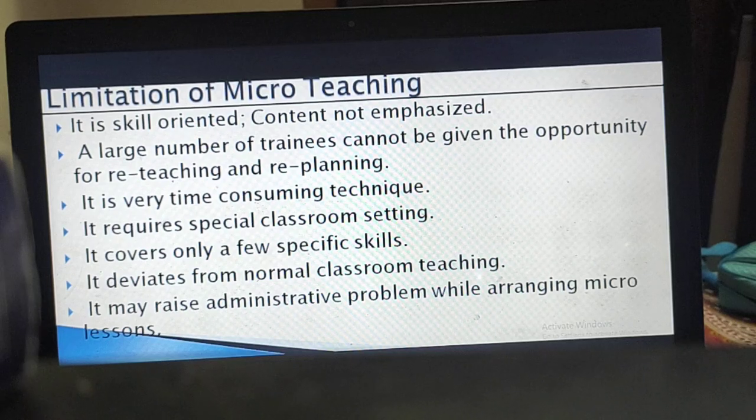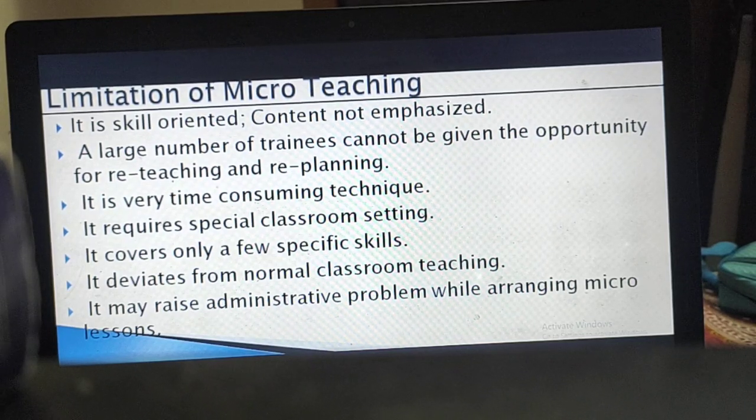That's why the teachers know only the teaching skills which are mentioned in our curriculum, and they are unable to get information on the other teaching skills which are not included in our syllabus or curriculum.